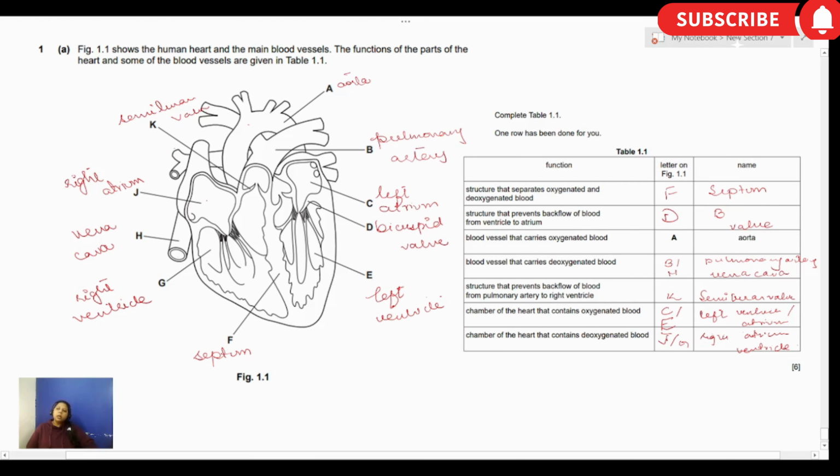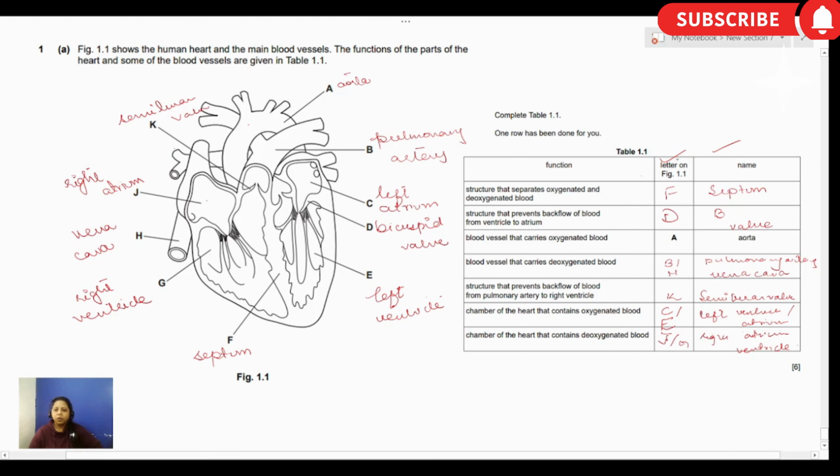Okay, let me tell you one mistake which students usually make while filling in the table. Sometimes both letters and names are given in the question, so it's easy to identify where to write the letter and where to write the name. Sometimes they only give you one column, either the name or the letter.